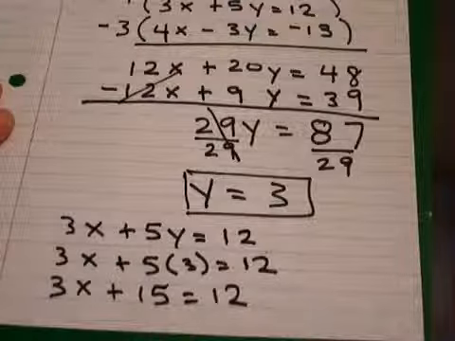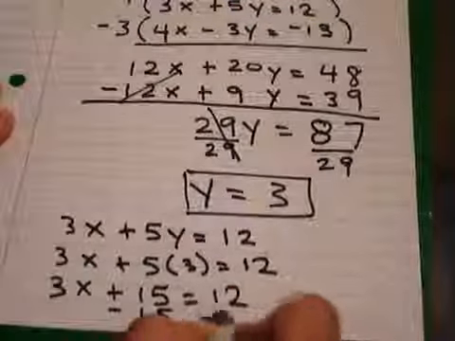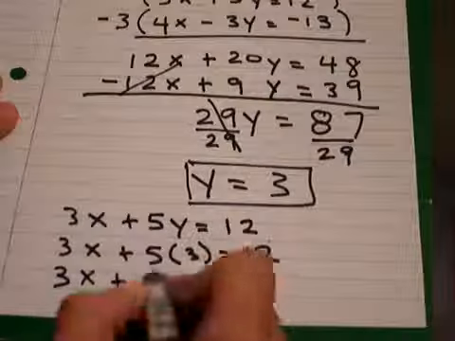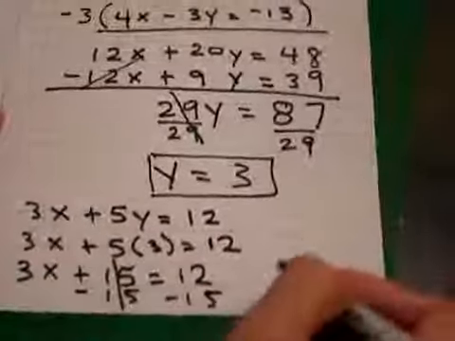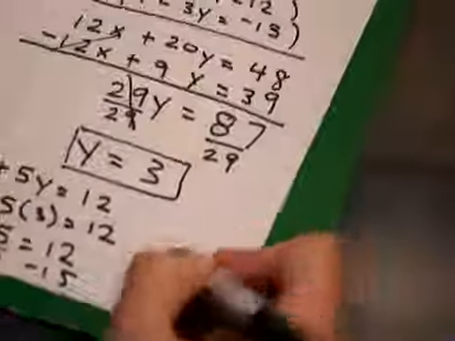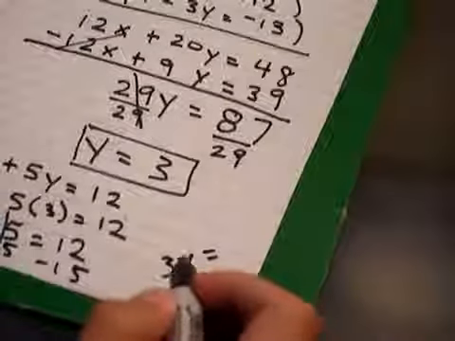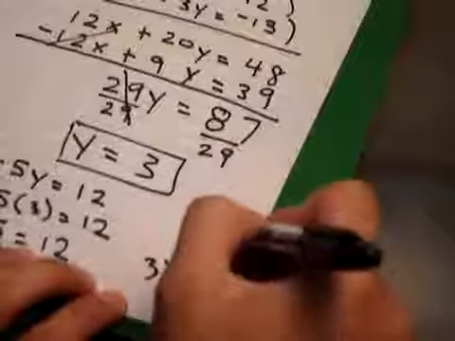I'm going to move the 15 over to the other side, so it's going to be minus 15 on both sides. This cancels out. We're going to have 3x is equal to 12 minus 15, which is a negative 3.